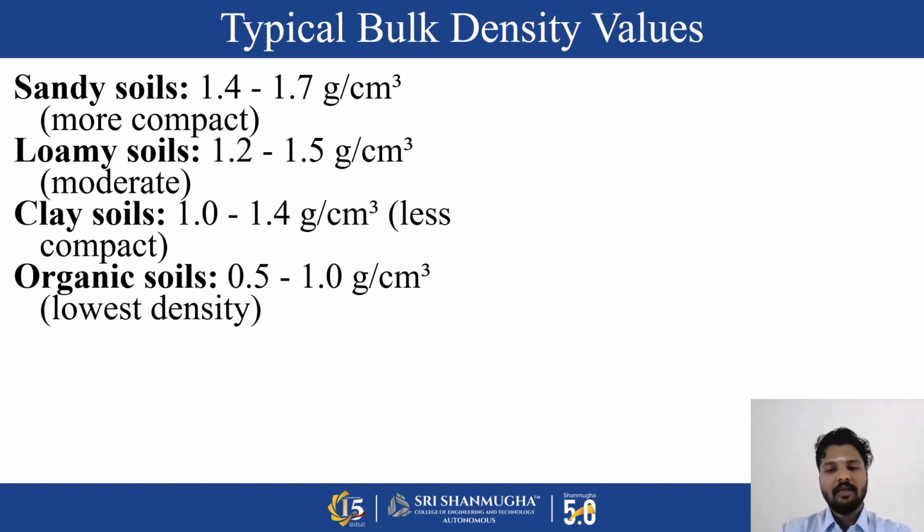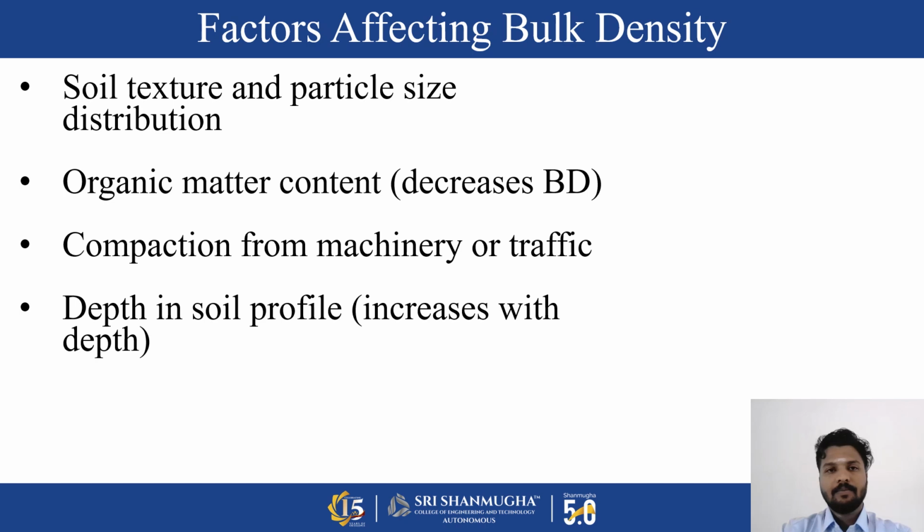Okay, we can move to the next slide. In this slide we're going to see the factors affecting bulk density. These are the factors that can cause bulk density to change. The first one is soil texture and particle size distribution, which affects how soil particles arrange themselves. The second one is organic matter.